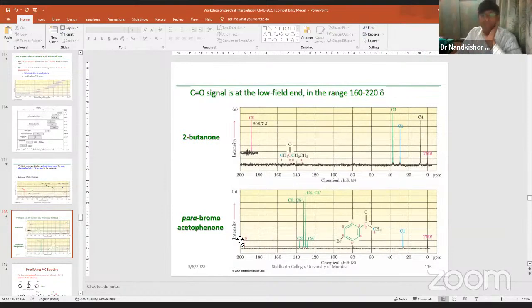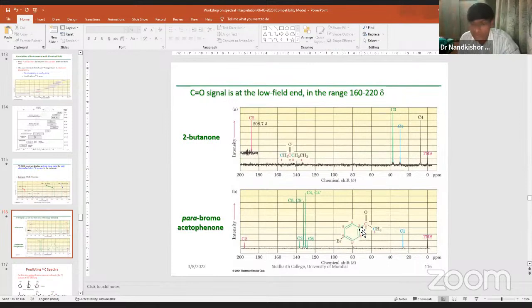Now look at another example, para-bromoacetophenone. Here, C2 is a carbonyl, which is around 200. C1 is attached to the carbonyl group, so it is something like 20 to 25 in range. The aromatic carbons are above 100, 110, or 120, where C3 is the quaternary carbon, and C6 is attached to the bromide, which has a different field.